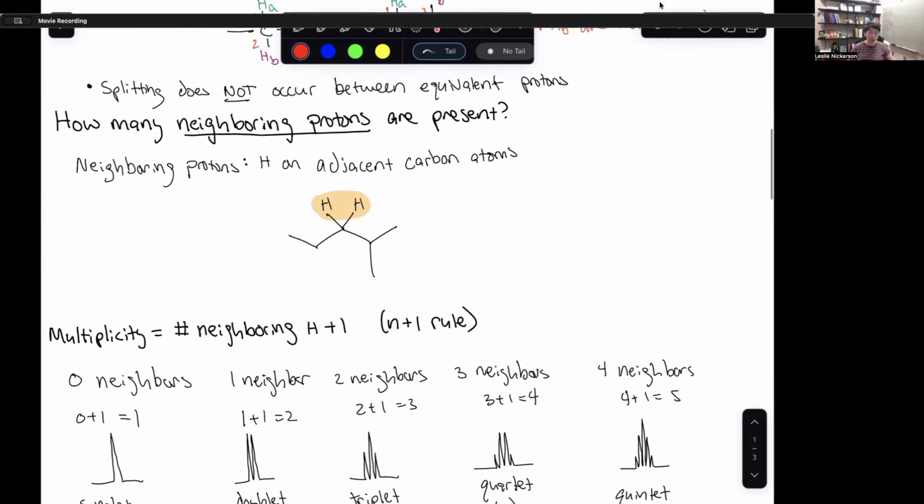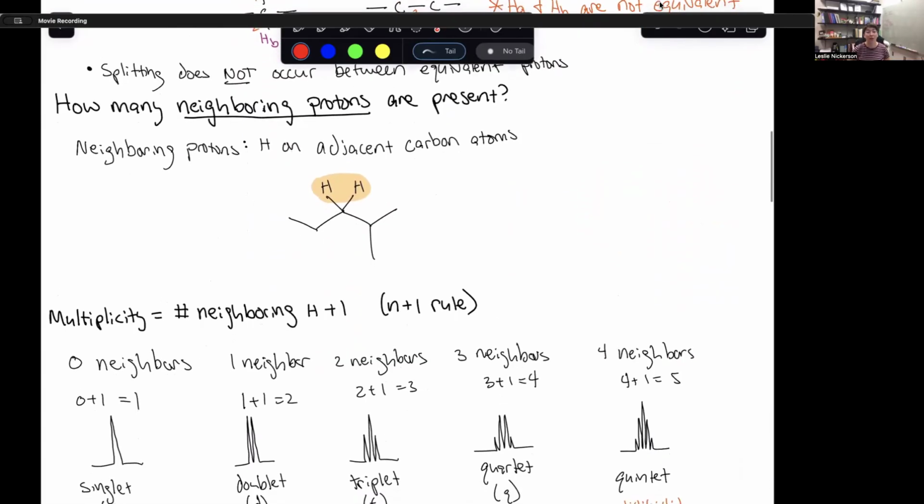Okay, so if we're looking at neighboring protons, we really need to be thinking about how many neighboring protons are present, because that is going to tell us what's happening with the multiplicity. A neighboring proton means H's on adjacent carbon atoms to the one that you're analyzing.